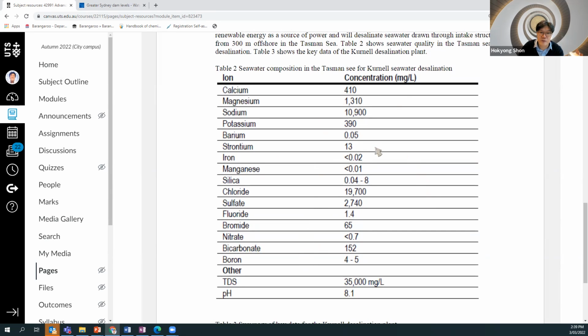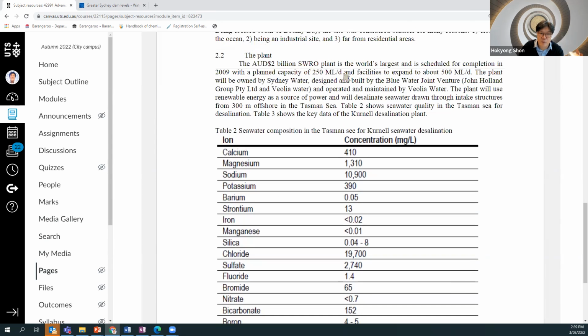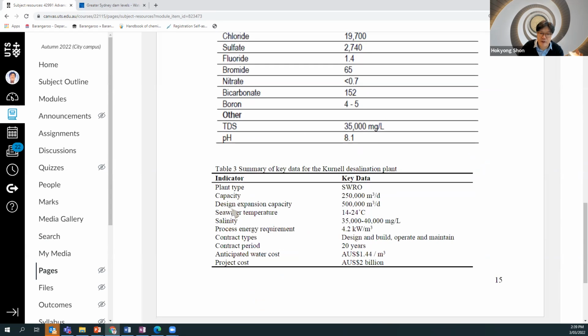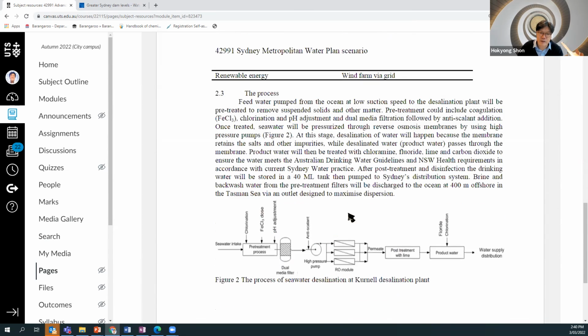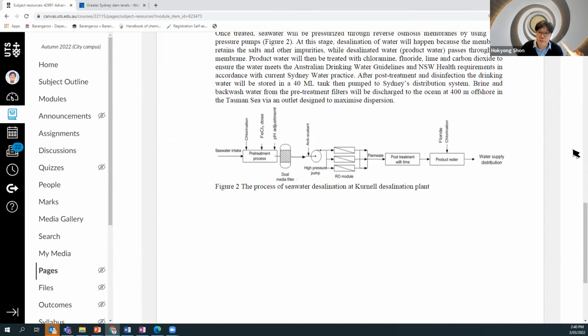Based on this water quality data, what's the capacity of your plant, and a summary of your overall plant design. You can see the temperature, the salinity, the energy requirement, the water recovery. Based on all these water factors and processes, you can design your seawater desalination plant. So that's assessment 3.